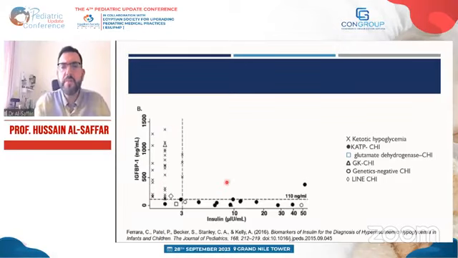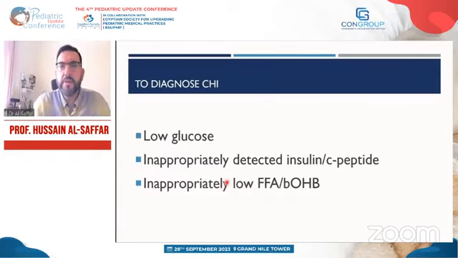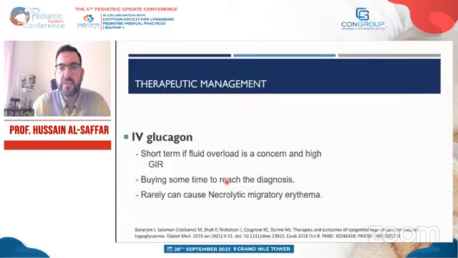So that can be used as another marker with very high sensitivity and specificity. Now, to recap, to diagnose congenital hyperinsulinism we need low glucose, inappropriately detectable insulin or C-peptide, and inappropriately low free fatty acids as well as beta-hydroxybutyrate.